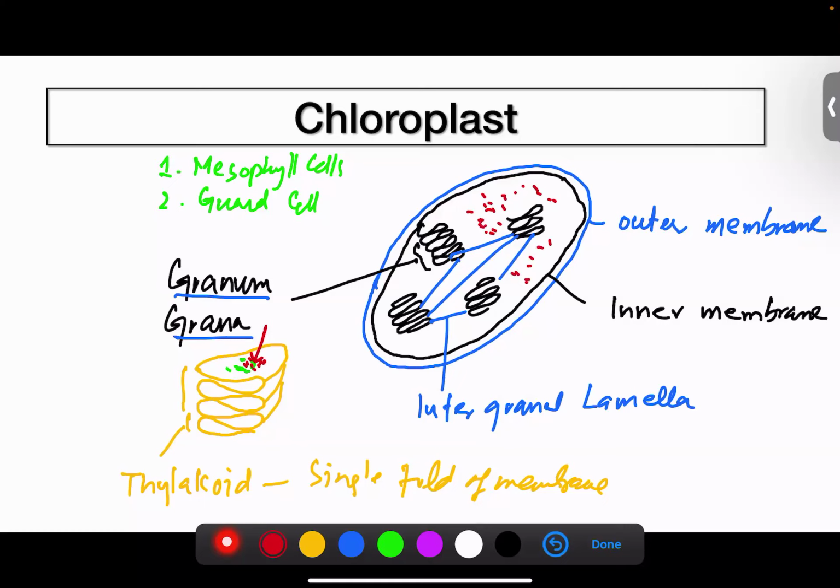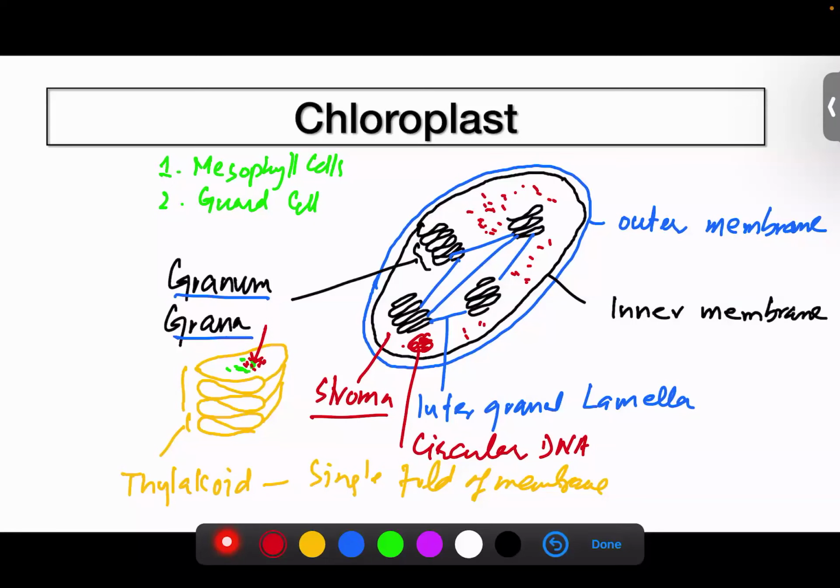This fluid is known as stroma, and the stroma has circular DNA, and it also has 70S ribosomes. So chloroplasts are site for synthesis of ATP by photosynthesis.